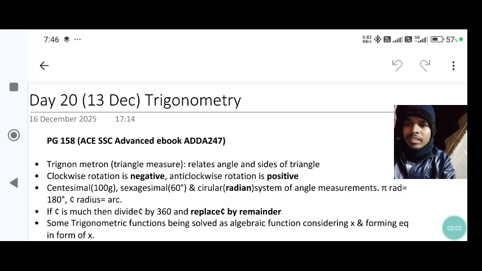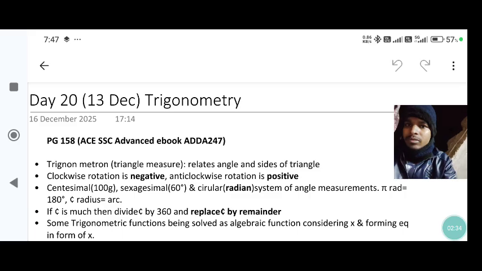Pi radian is 180 degrees. This means pi times the length of the radius gives the measure of the angle 180 degrees, and if it is pi times the diameter, it will give the complete circle.